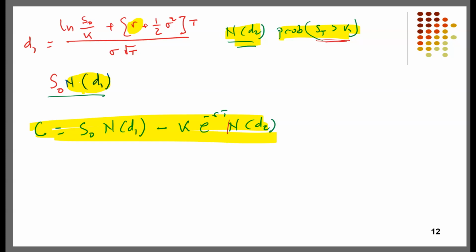Now, to understand really what N(d1) is, we're going to continue this process. We're going to actually find the future value of the call. The future value of the call, you remember, is the payoff of the option at expiration. Because you remember the process we had: one, model the price; two, infer the payoff; and three, compute the present value of the payoff.